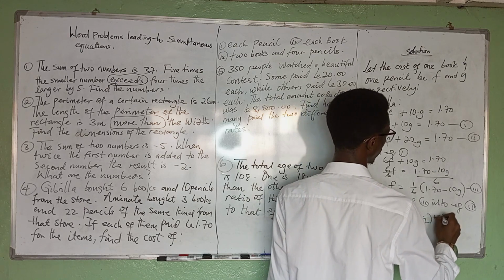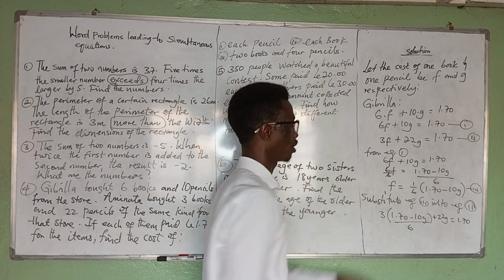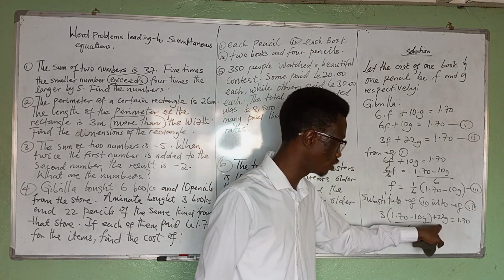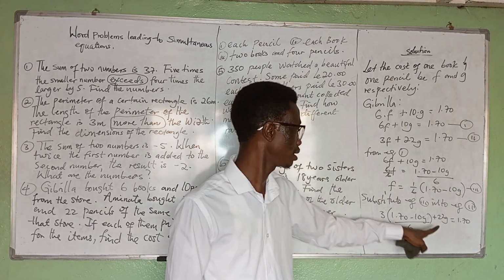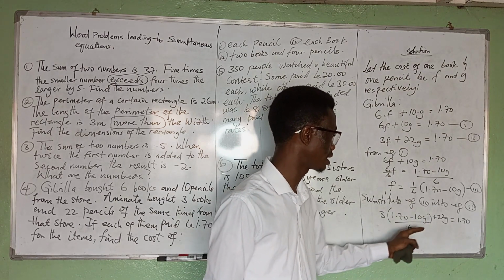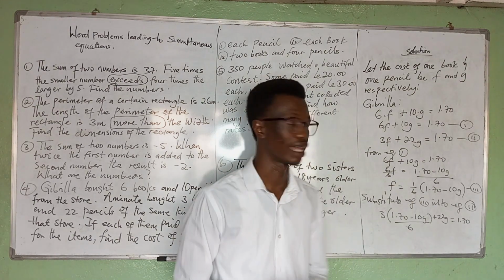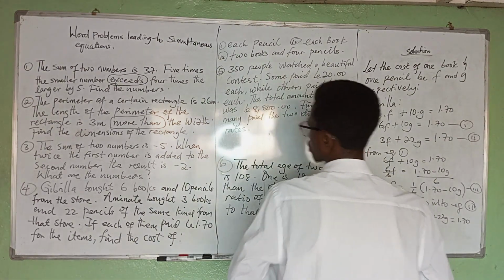plus 22G equals 1.70. So if you want to take this one, you don't even need to divide here by 1 for you to find the LCM. All you have to do, multiply throughout by 6. So you multiply this one by 6, this again by 6, this again by 6.